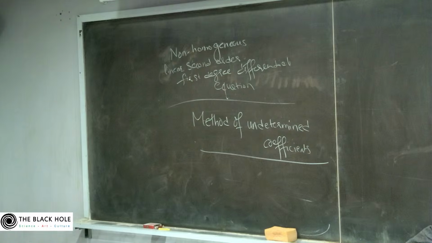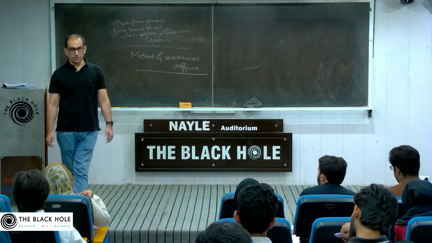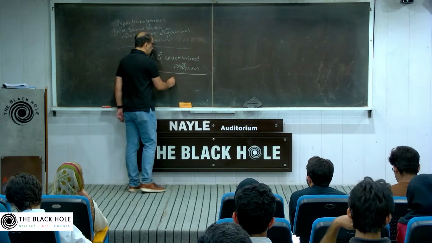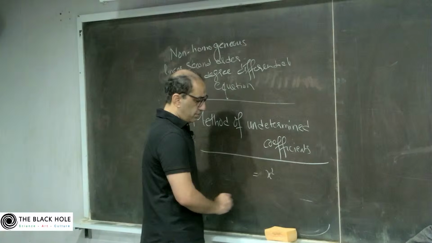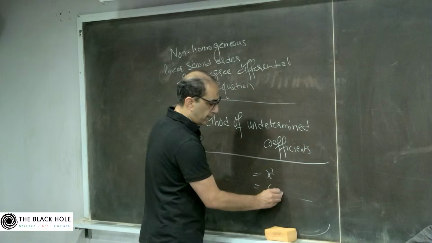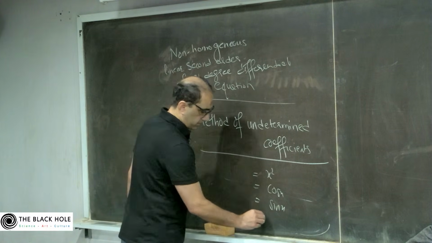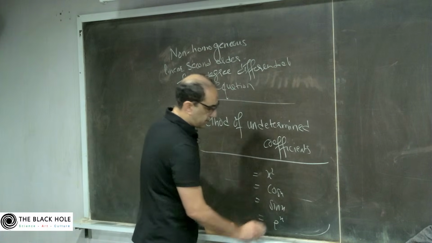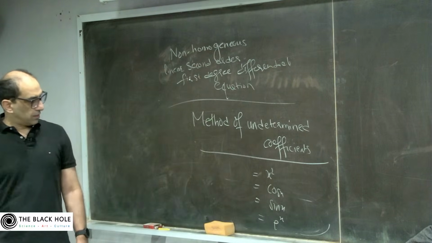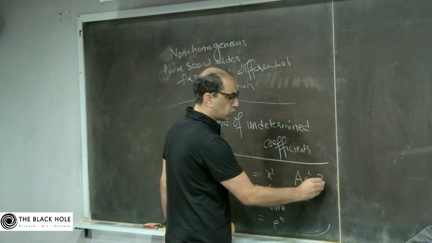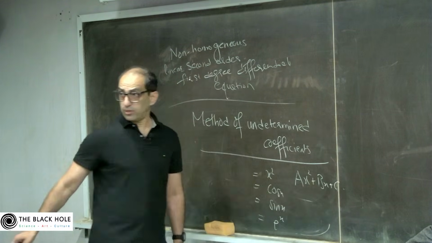for any constant coefficient equation, you will use e raised to power mx, find the auxiliary equation and find the solution. But for certain inputs like x squared, cosine of x, sine of x, e raised to power x, even a polynomial, you can solve it with no problem at all.